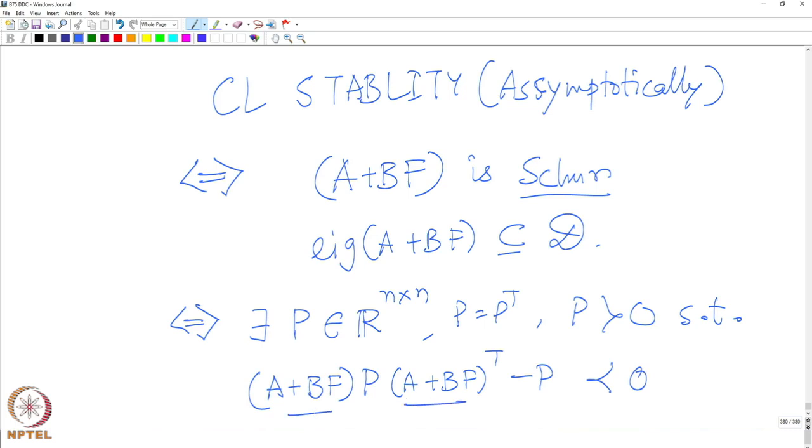This transpose and this you can interchange them. This is more useful for us as far as manipulations are concerned, but both are okay, and that follows from the fact that eigenvalues of a matrix and its transpose are exactly the same. So therefore it is okay to have this. Now we know what A plus BF is in terms of the data.